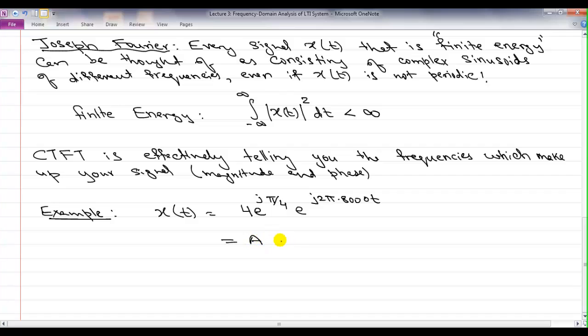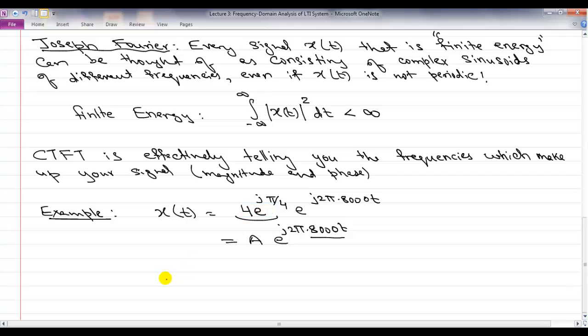And you can write it as a times e to the j 2 pi 8000 t, where this a is 4e to the j pi by 4. If I give you this signal, you can explain what this signal is. This is a signal which has one frequency of 8000 hertz or 8 kilohertz. The amplitude of this frequency is 4, and the phase of this frequency is pi by 4.